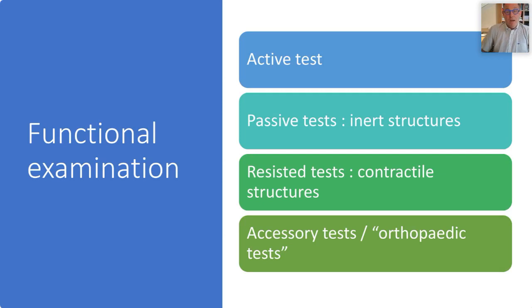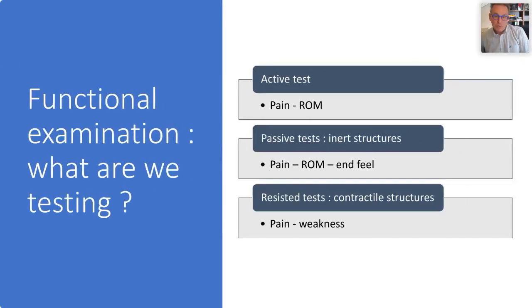Okay? So the basic tests, when we do passive tests, the passive tests are mainly tests for the inert structures, and the resisted tests, maximal, isometrical, are mainly tests for the contractile structures. But what are we testing? When you ask the patient to do an active test, then you would like to know what happens with the pain. More, less, the same.